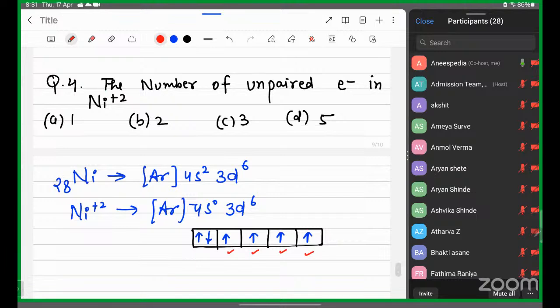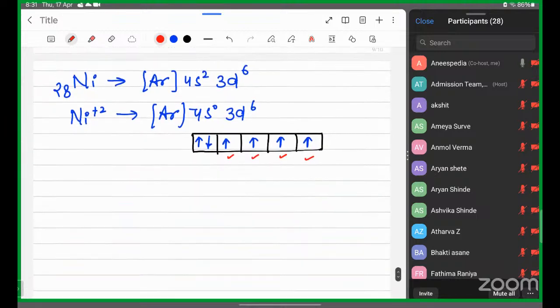Interesting. 2 is not in the options. Nickel is definitely 28.